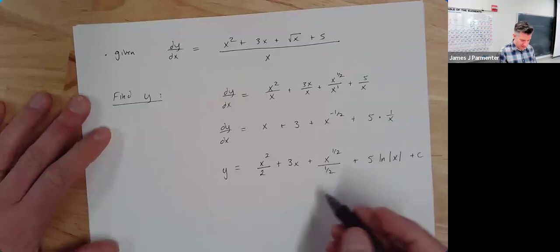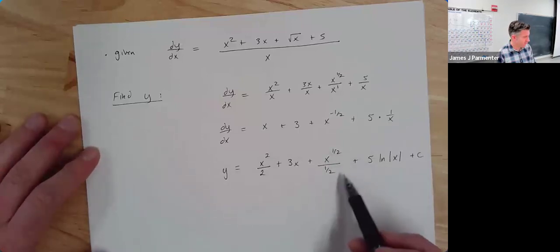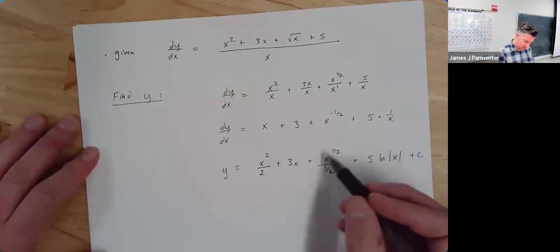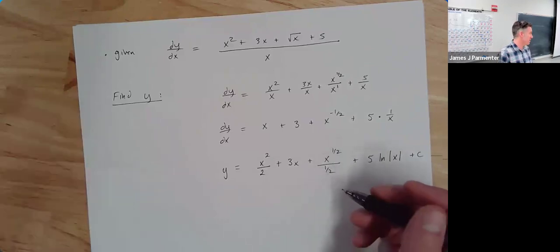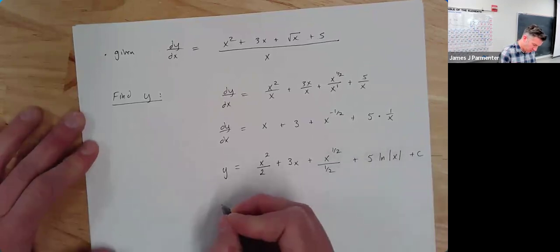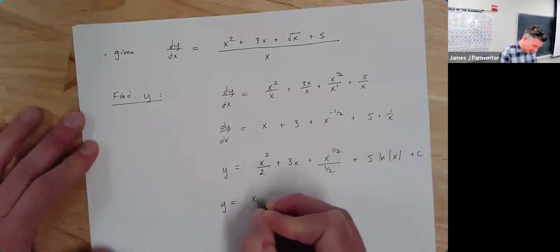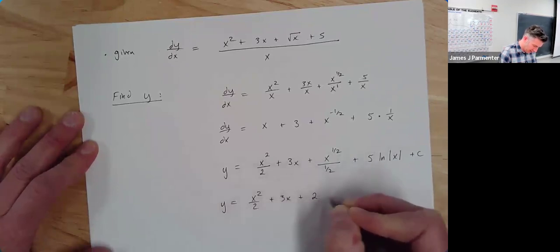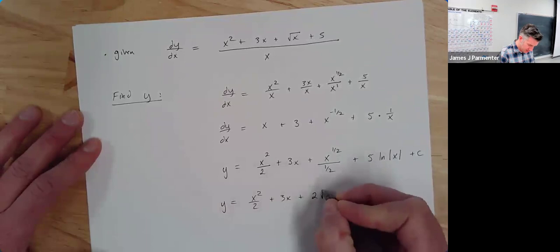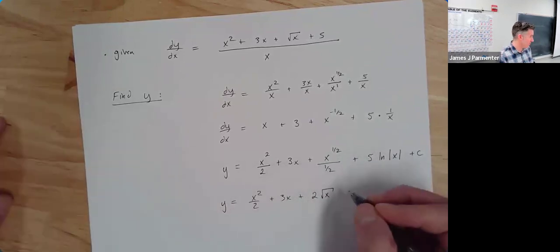So simplifying this a little bit, I really don't want to leave fractions over fractions here. So this part specifically, I should rewrite as 2 over 1 times x to the 1/2, or just 2 times x to the 1/2. So I would rewrite my answer as x squared over 2 plus 3x plus 2x to the 1/2, or 2 times the square root of x, whatever your preference is there.